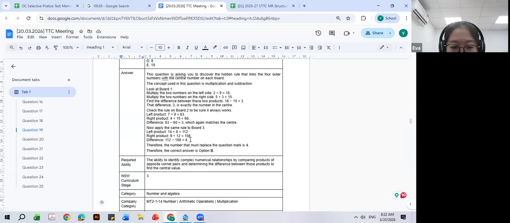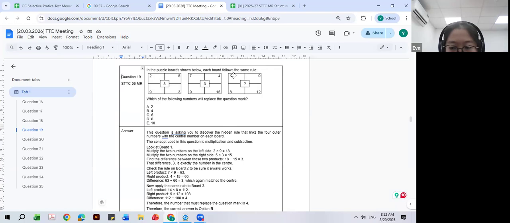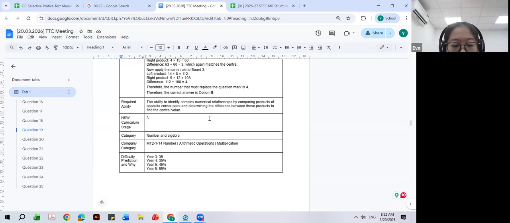We have the left product, 14 multiplied by 8, we have 112. And the right numbers are 9 multiplied by 12, we have 108. So the difference is 4. And the correct answer is option B. Common category MT2 114 number arithmetic operation, multiplication.